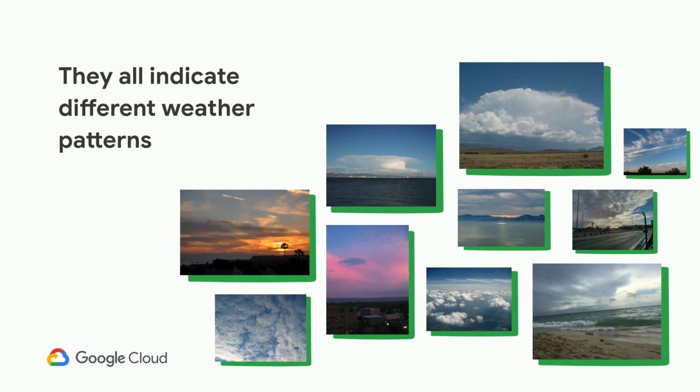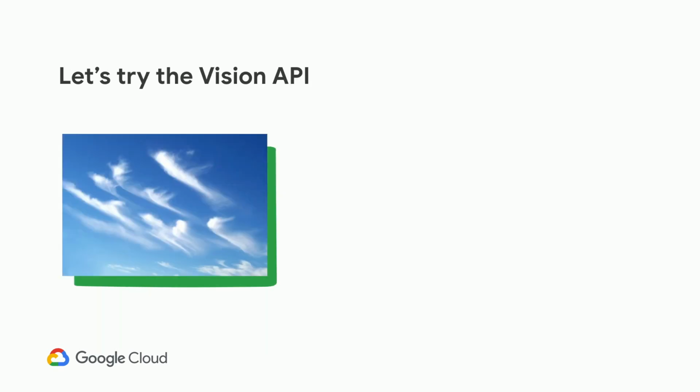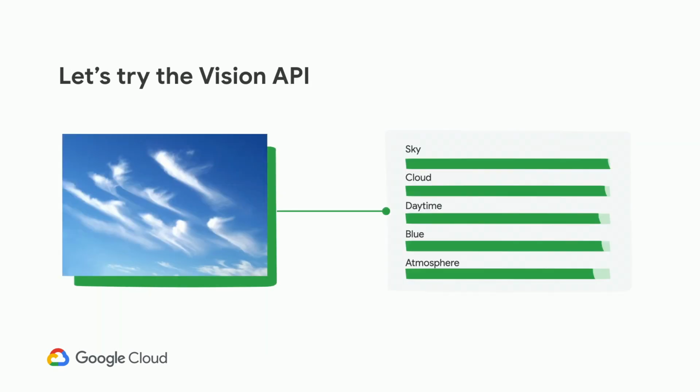So basically, if we're able to recognize what is the cloud, then we know what's the weather. Pretty simple. And then we said, yes, we have the image, and then we have an API, which is that I just showed you. Then let's try this one with the Vision API.